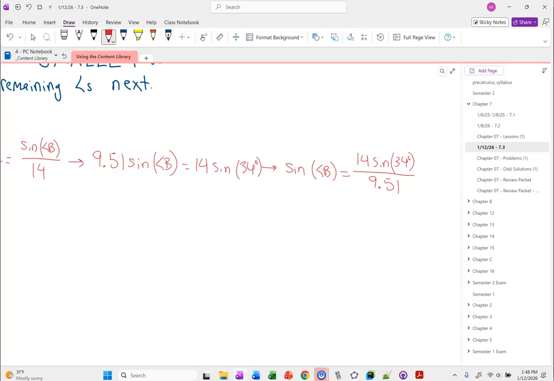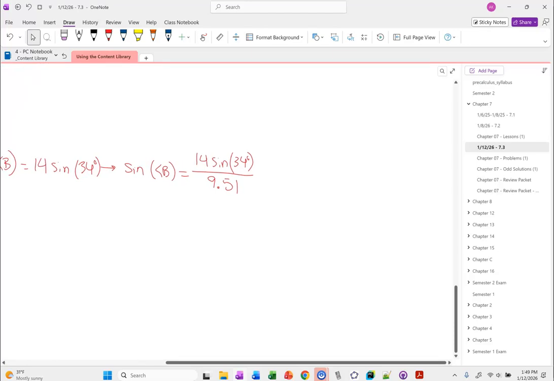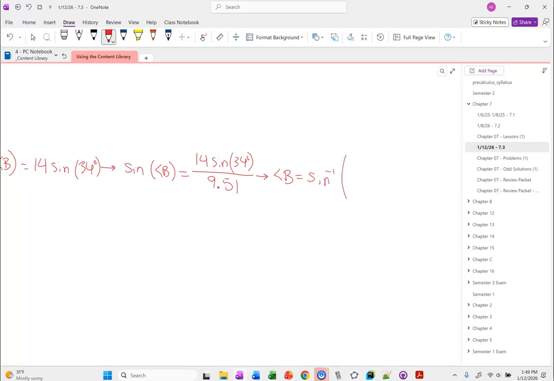Okay. And then we still have that sine wrapped around angle B. How do I get rid of that? Sine inverse. That is correct. Wait, why'd you do the sine inverse?